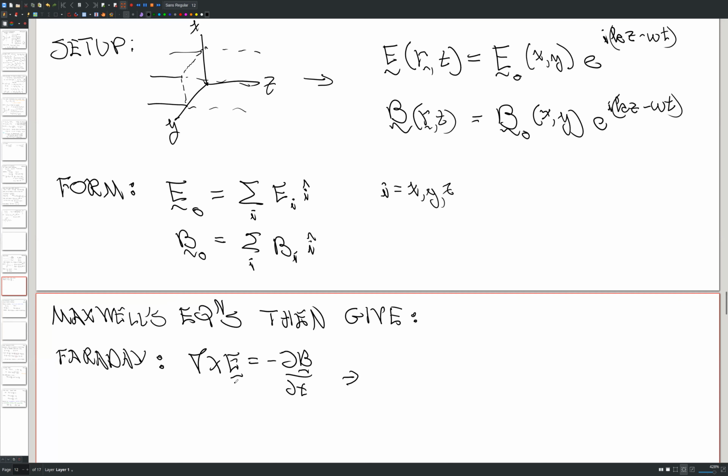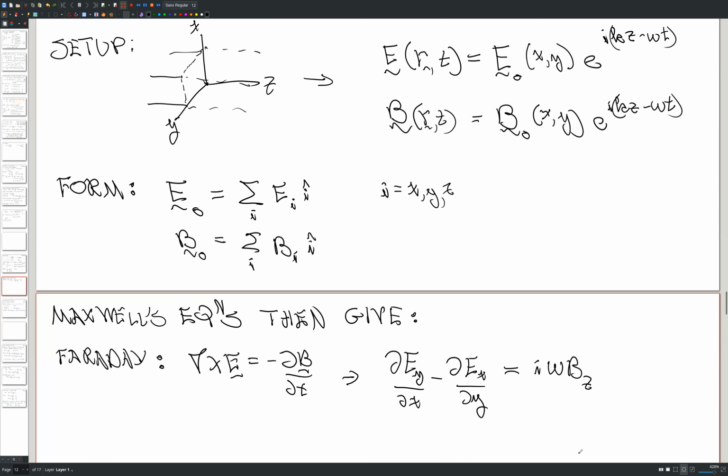Maybe the first one is the Z component, easiest. So what do I get? Partial E_y with respect to x minus partial E_x with respect to y. That's the Z component of the curl of E. That now has to be equal to the time derivative of the Z component of B. The time derivative gives me a minus i omega in front, and then I've got another minus sign here, and then just pick out the Z component. So this is i omega B_z.